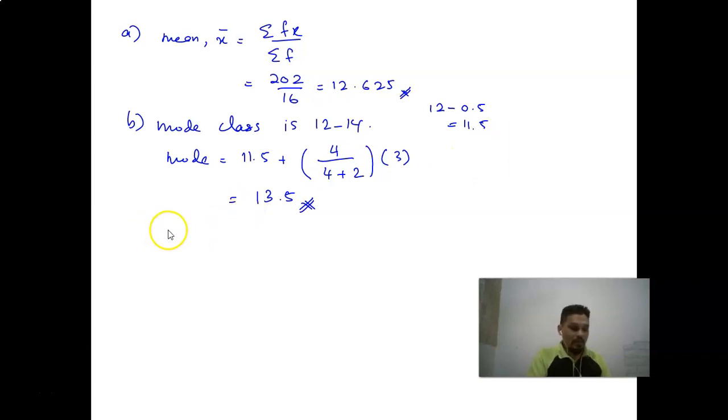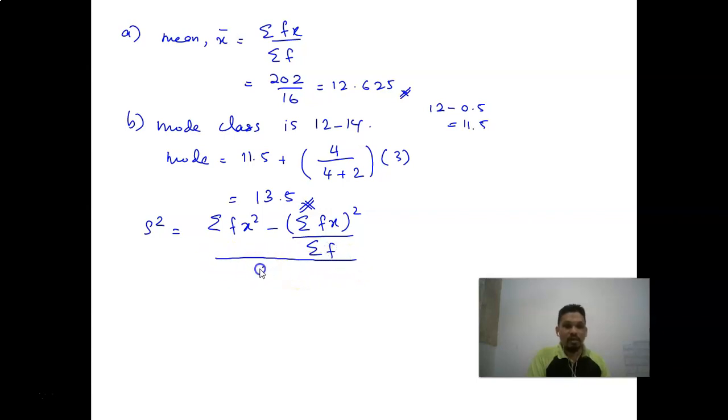The standard deviation: we first find the variance, which is the summation of fx squared minus (summation of fx) squared divided by summation of f, and everything divided by summation of f minus 1. Please refer to the table that we completed just now.